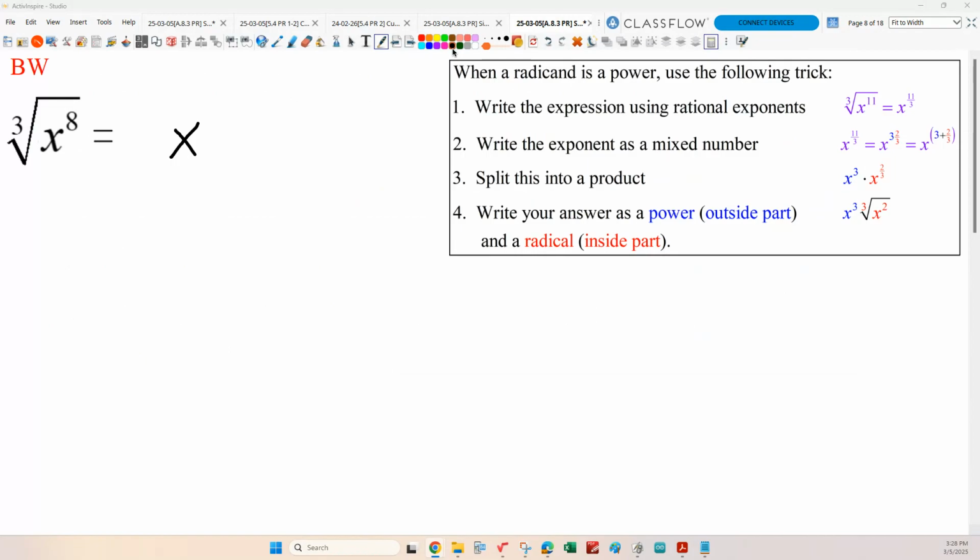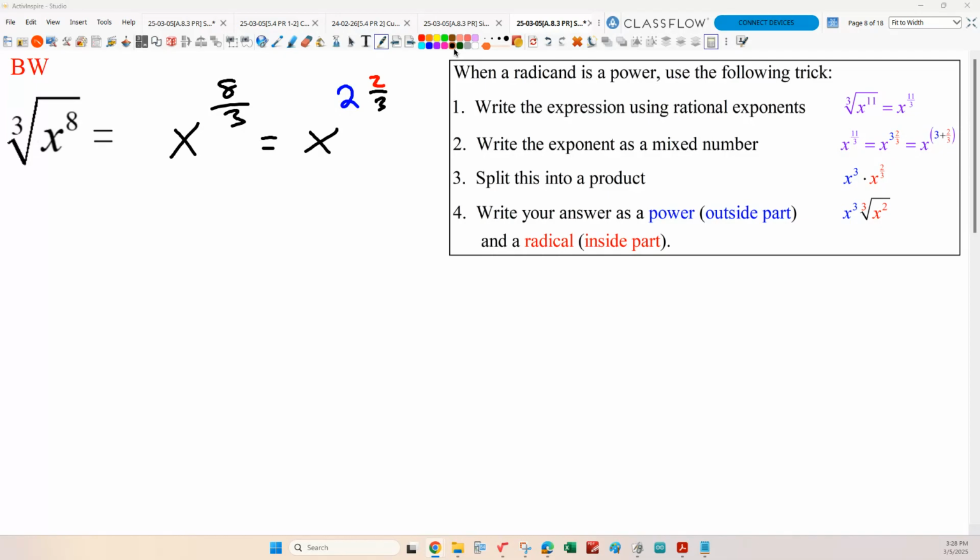That's going to be x to the 8/3 power. If I write 8/3 as a mixed number, what's that going to be? Okay. X to the 2 and 2/3, right? There you go.